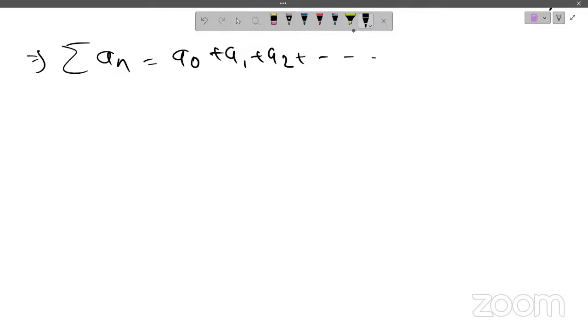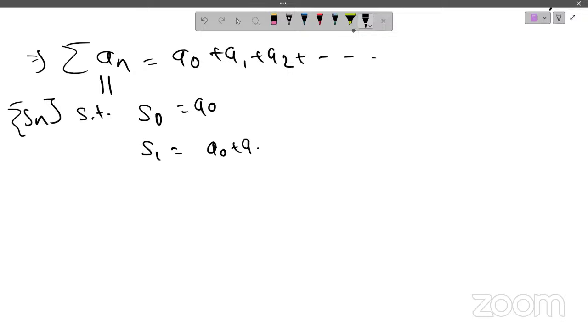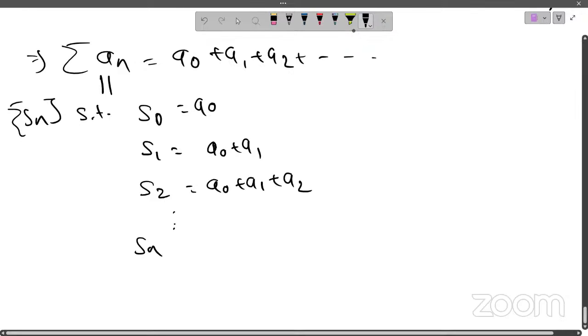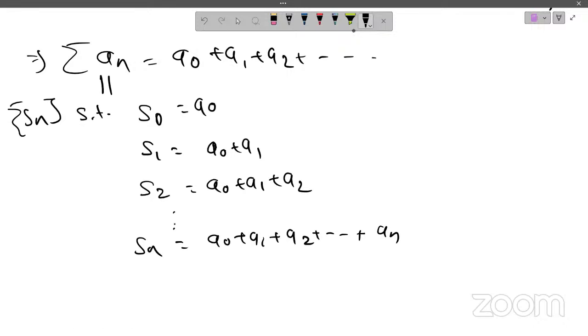For this series, you can construct a sequence Sn such that S naught is a naught, S1 is a naught plus a1, S2 is a naught plus a1 plus a2, and similarly Sn is a naught plus a1 plus a2 and so on plus an. Now you agree that this is a sequence Sn, right?